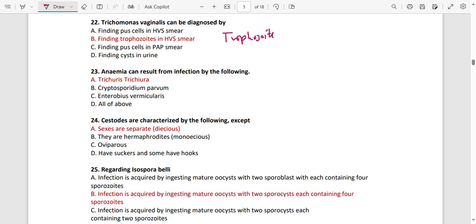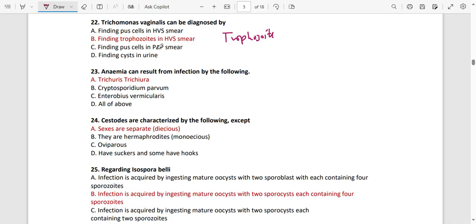And when you get that high vaginal swab, the pap smear, you are going to go and look at the cells. In the diagnosis, of course, you use the pap smear. It's not the pus cells really. You are looking at the trophozoite. So the best option there is B, finding trophozoites in high vaginal swab.